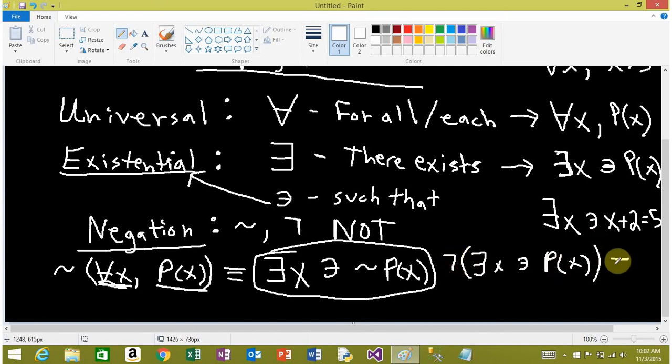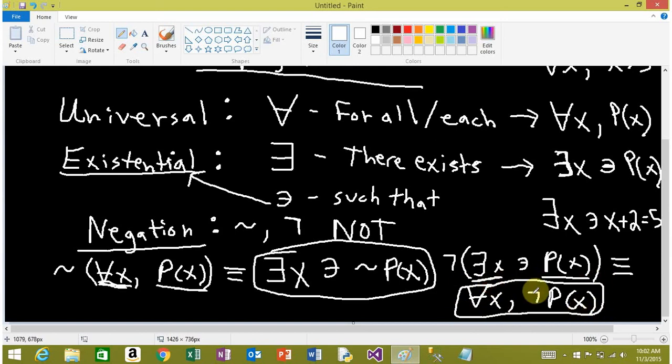This is logically equivalent to, we negate the existential quantifier, which gives the universal quantifier, so for all x, comma, and then we negate the statement p of x as well, so that's going to be not p of x. So that would be the negation, for all x, not p of x. So that's looking at it in general form.